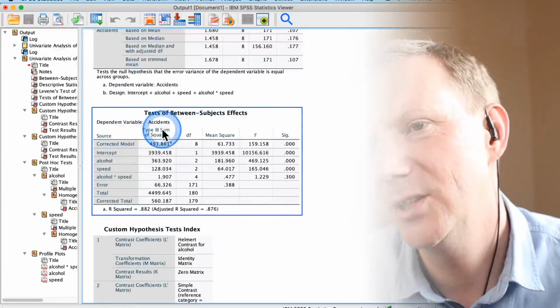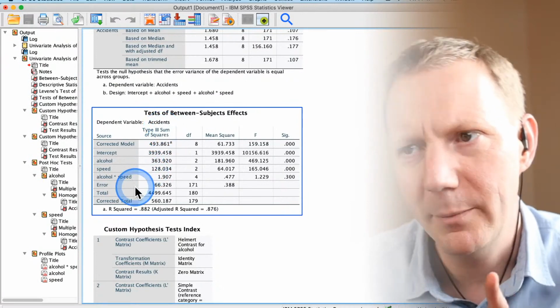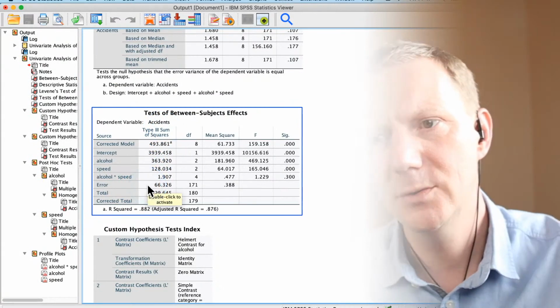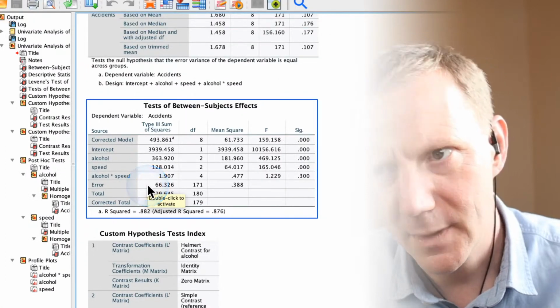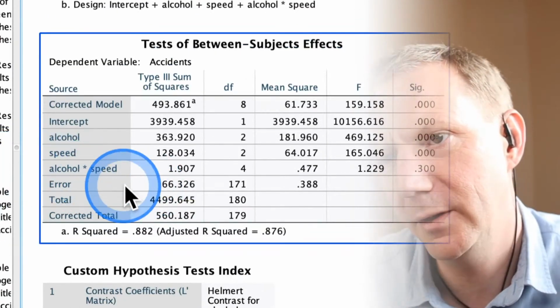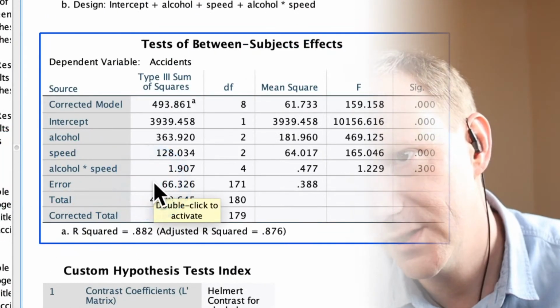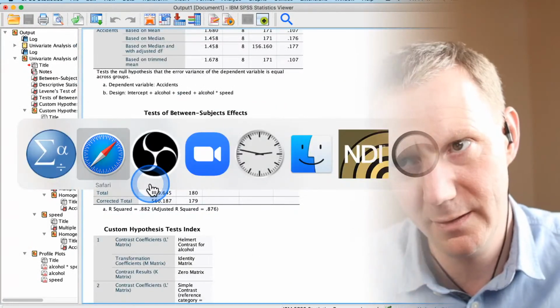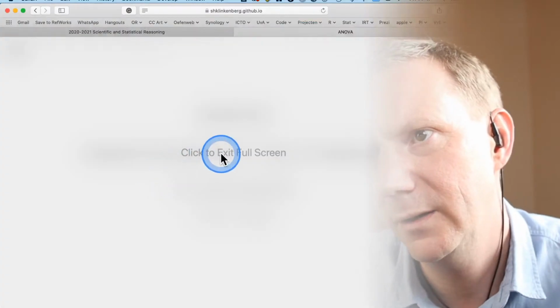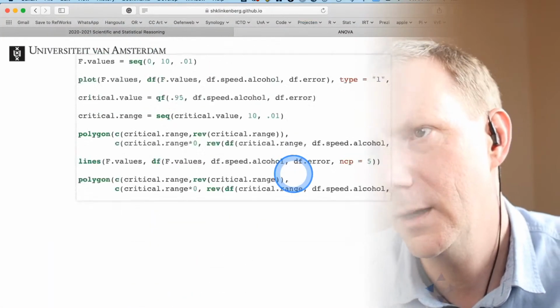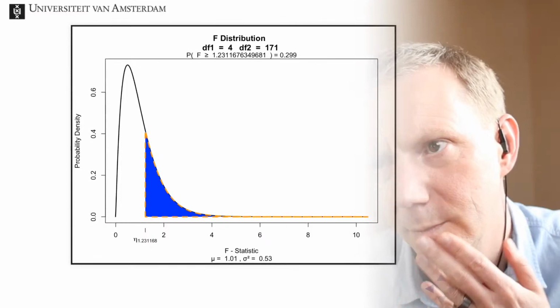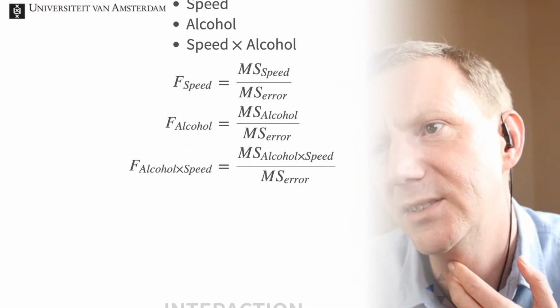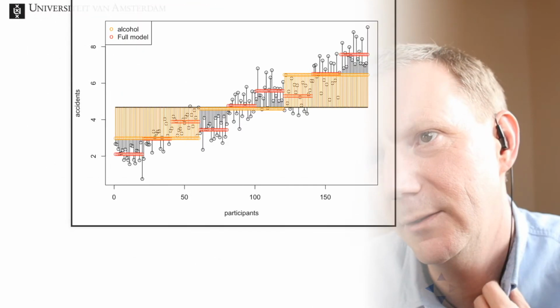Let's see. So the one point I made earlier that I wanted to point out is this error term that we calculated already, this 66.326, which I think we calculated within our error term. Let's see, 66 was it again, right?